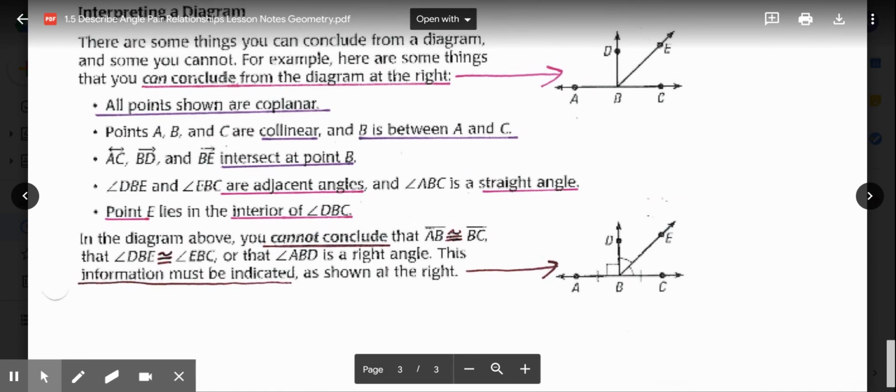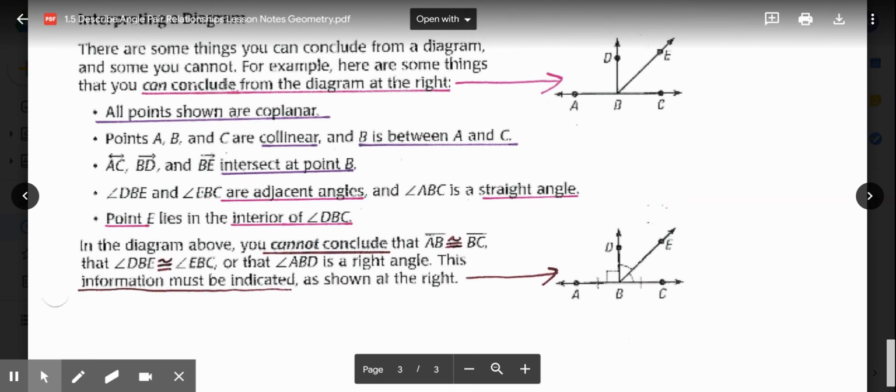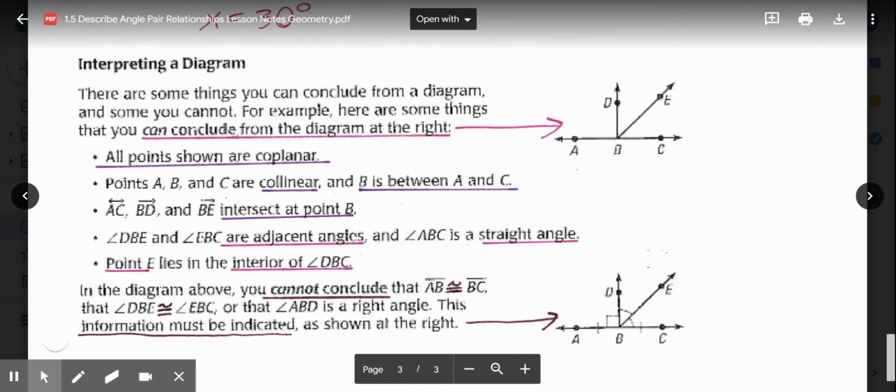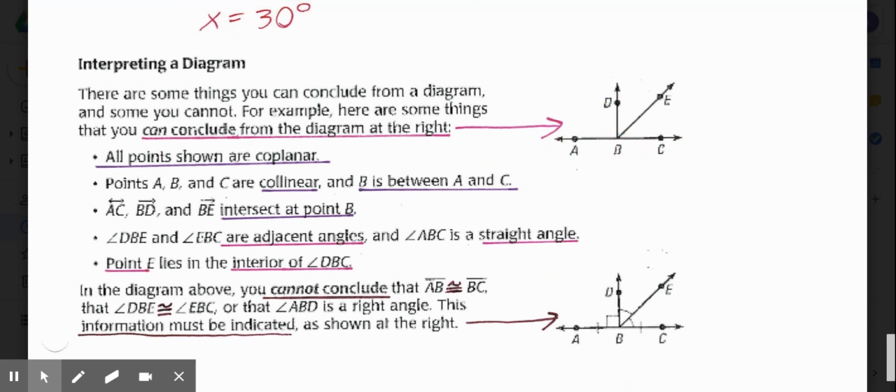But then there's also some things we cannot conclude. So looking at this original diagram still, we could not conclude that segment AB is congruent to BC. They look like they are, but without the symbols drawn, we cannot say that they're congruent. We can also not say that angle DBE is congruent to angle EBC.